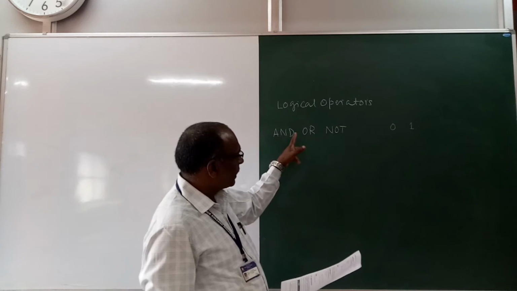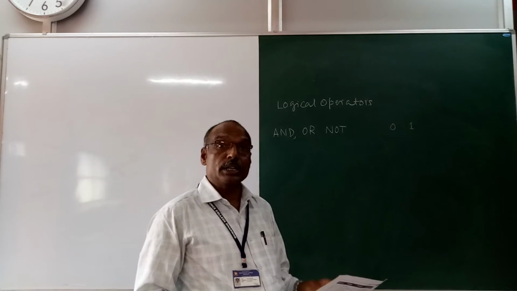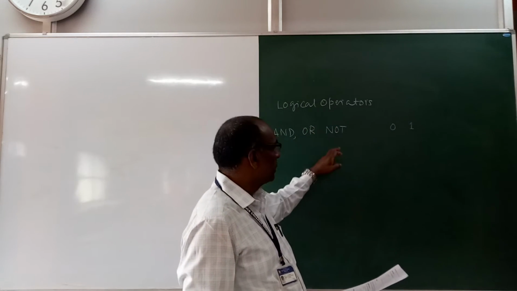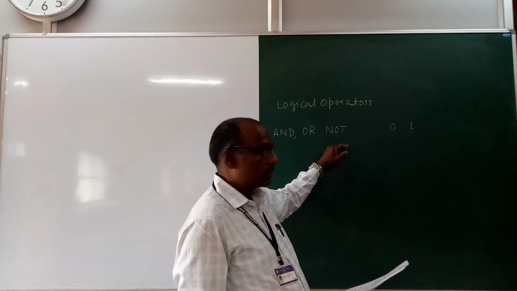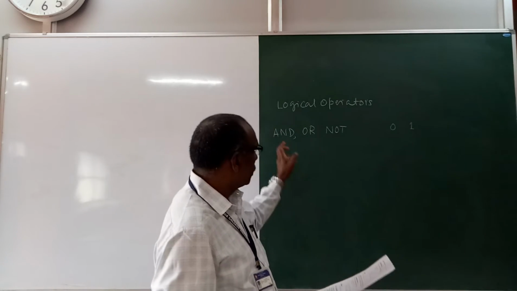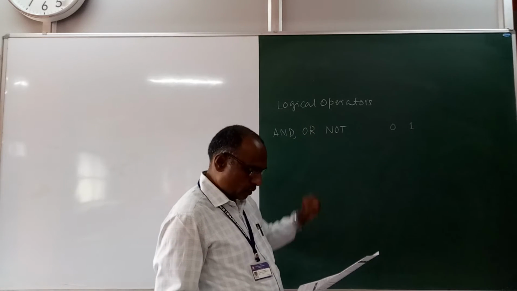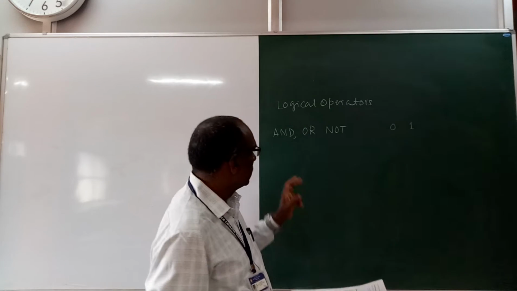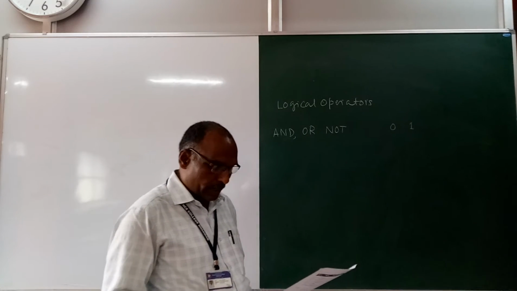They are called binary operators. And logical NOT is a unary operator. When we started this topic, I mentioned this and I am taking it now. That is logical NOT. Logical AND, logical OR and logical NOT. Logical NOT is a unary operator, whereas AND and OR are binary operators.